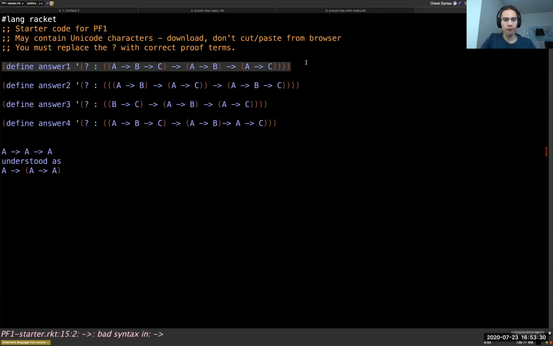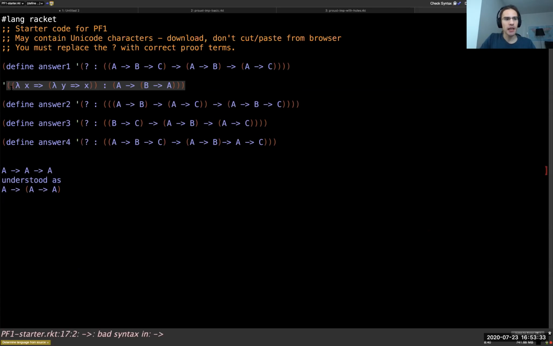Now, if we look at what I'm about to paste, it's of the form: here is some term, annotation, here is some type, with a quote in front of it. If you look at each of the input questions that you have, they're defining some name to be this quoted list.